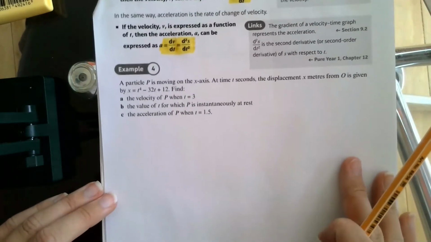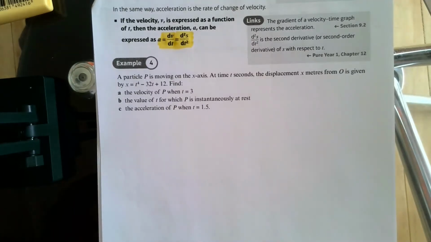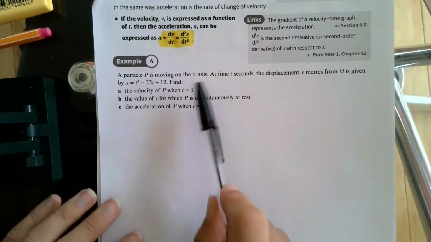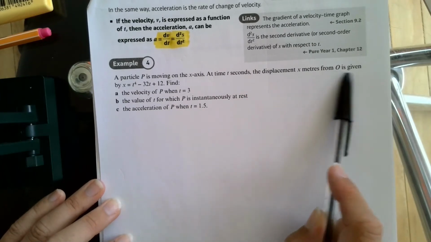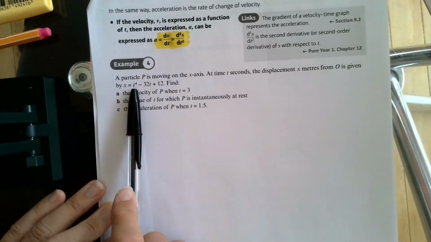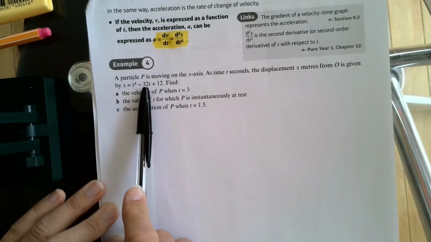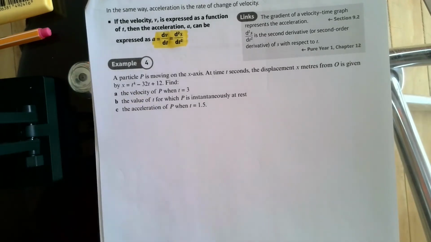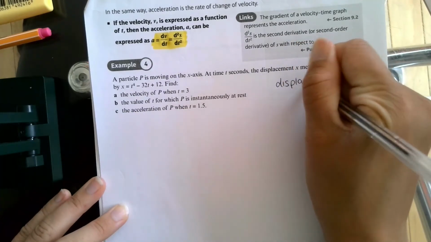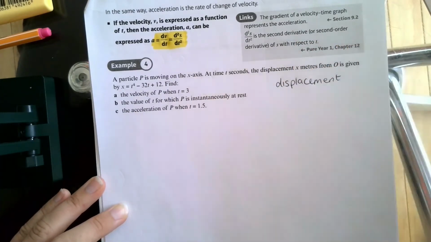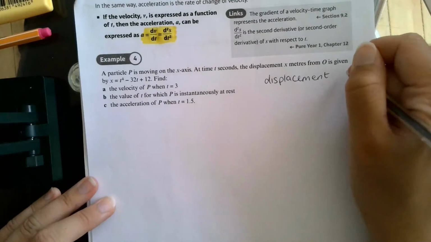So if we look at this first example, particle P is moving on the x-axis. At time t seconds, the displacement x meters from the origin is given by x is equal to t to the power of 4 minus 32t plus 12. So they've given us the displacement, and for some reason they've used x rather than s, but that's fine.